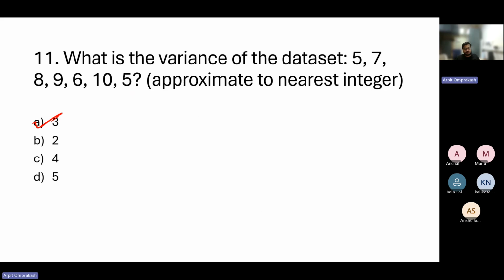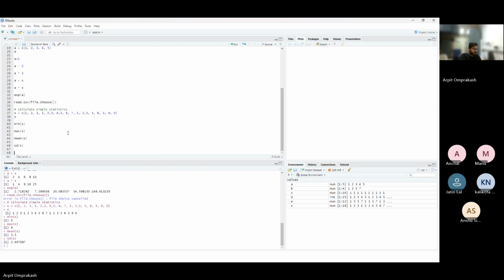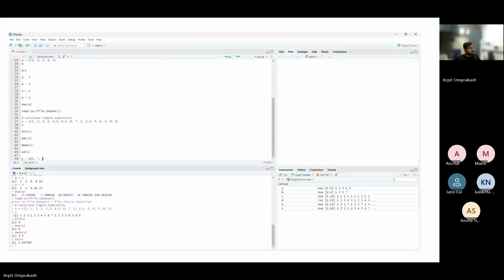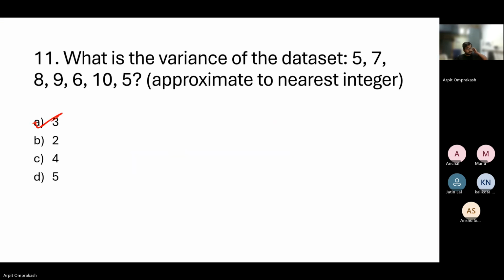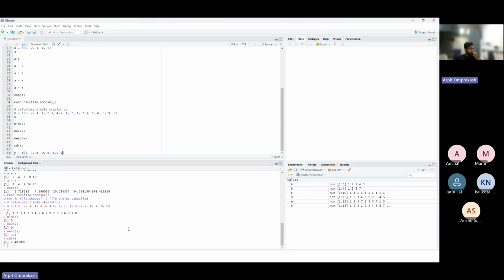So for example, what we have here is 5, 7, 8, 9, 6, 10, and 5. Let's say I'm putting all these values here. Great. We calculated the variance to be 3.